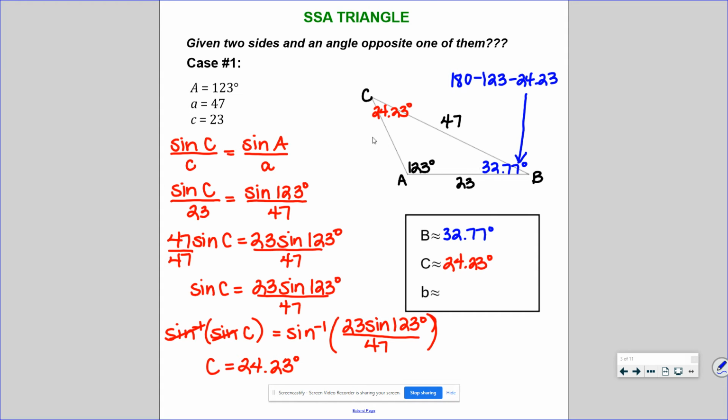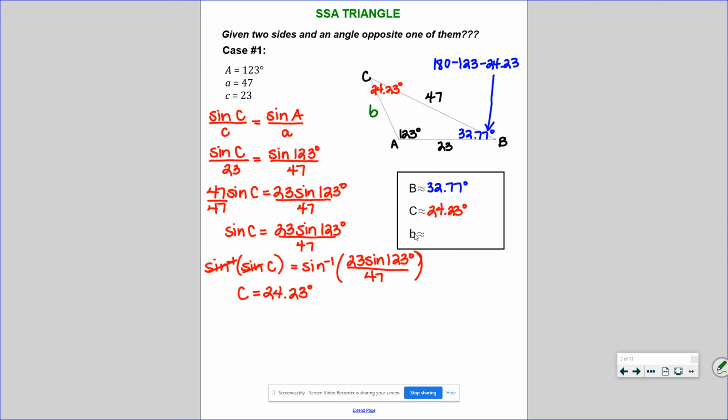Okay, one more step, and that is to find side length B, which is basically just going to be a repeat of all the work we did in the last problem. So I'm going to just set this one up, and I'm not going to show you all the steps this time because it's really just that same cross multiply process.